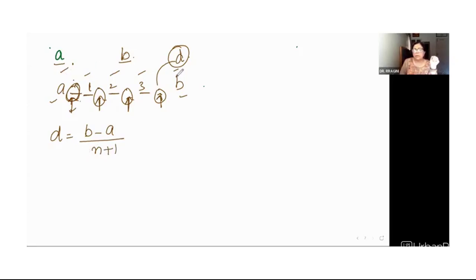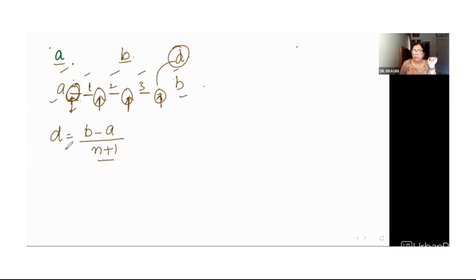B minus A is the total interval between A and B. If you have to insert three numbers, this is divided into four intervals. If the numbers are 4, it will be 5. If the numbers are 5, it will be 6. So as many numbers as we are inserting into the gap between A and B, the whole interval B minus A is divided into N plus 1 intervals. I hope this is clear.